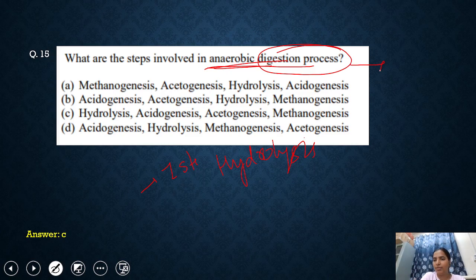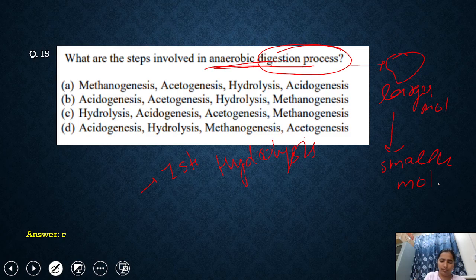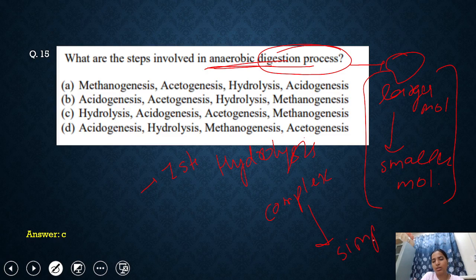You have larger molecules that are degraded by different processes into smaller ones. This is a very brief, layman idea of any digestion process: the molecules are present in a complex, larger form, and become simplified or very small.